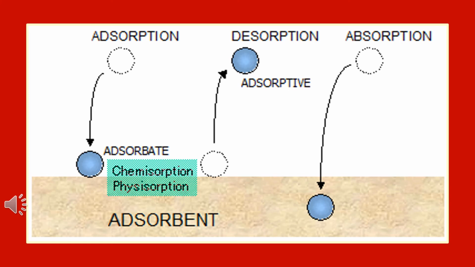In the third case, the adsorbate molecules are penetrating into the adsorbent. It is called absorption. Students, we have to note that once the molecule is absorbed, we cannot remove that molecule from the adsorbent. Is it clear?